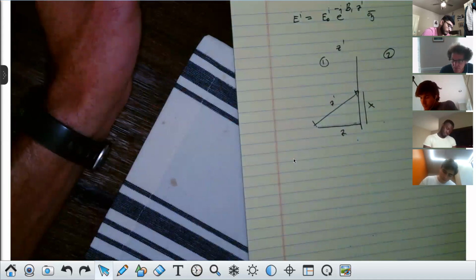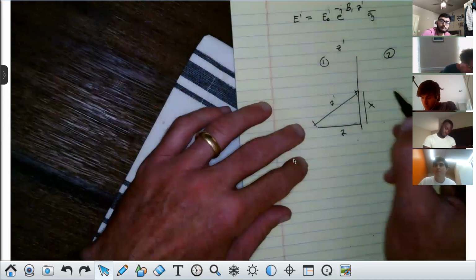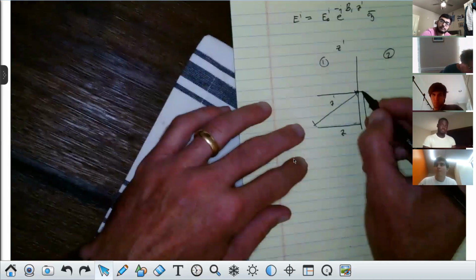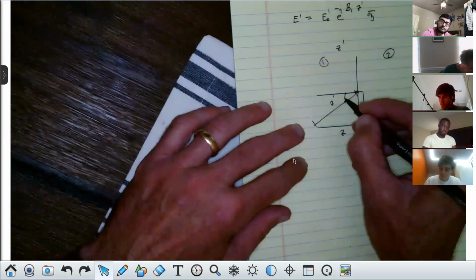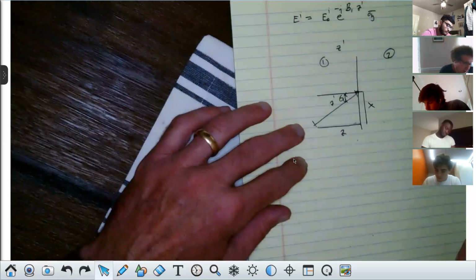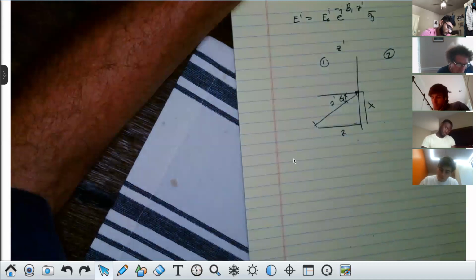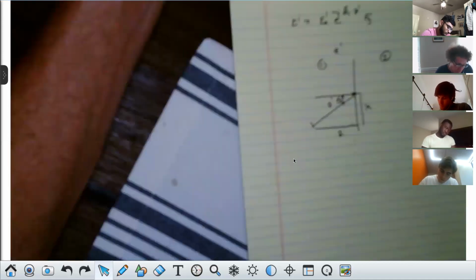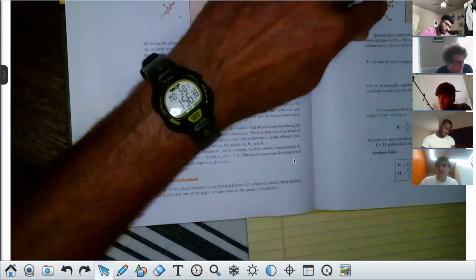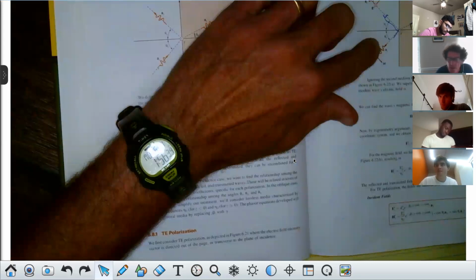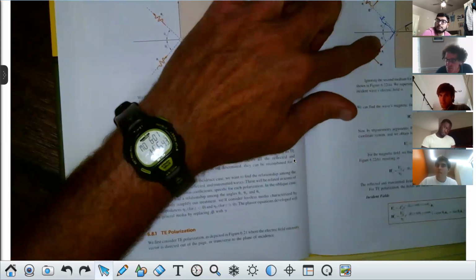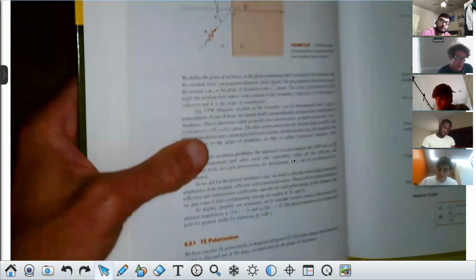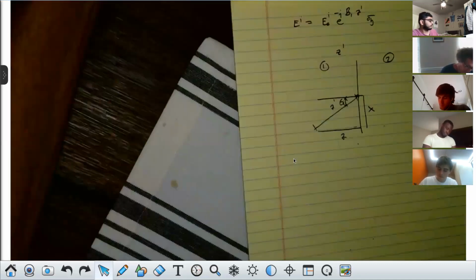Z prime. Now follow me on this. The angle that this thing's coming in is measured here. It's always measured to the normal. This would be the incident angle right here. Can you all see that? It's always measured with respect to the normal. So the wave makes this angle with respect to the normal.